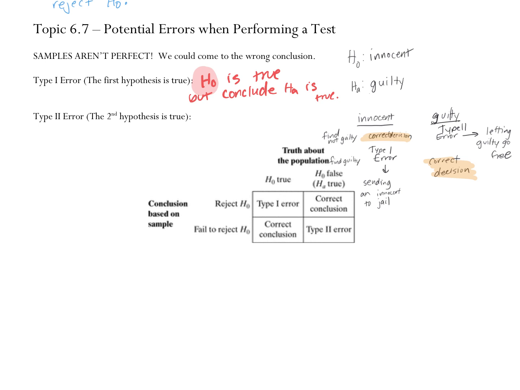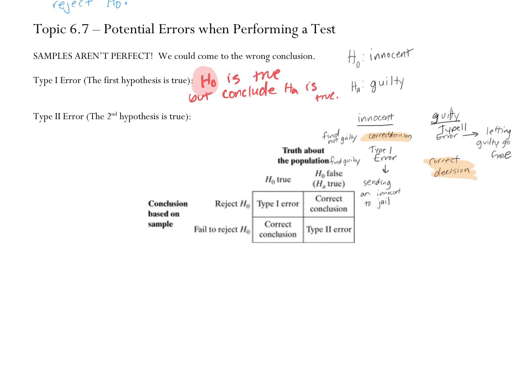And one of the things that in the past has helped students remember this is that for type 1, the hypothesis we write first is the true hypothesis. That's just a way to remember which one's which.